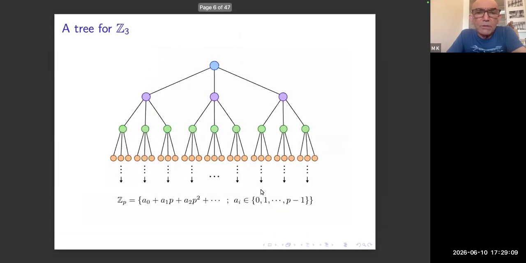So basically the lesson is that to think about p-adic numbers, the best way is to think of them as trees. That's a good picture. Every system of branches all the way up to the base forms one p-adic number. For example, the leftmost is just zero.